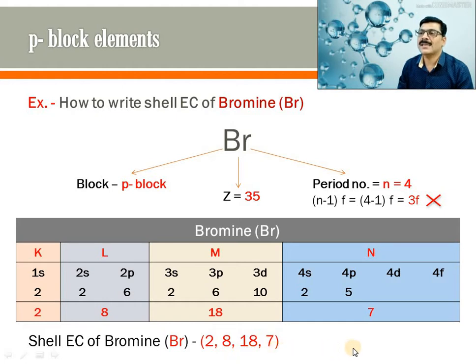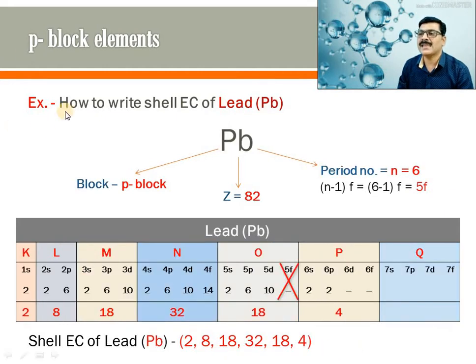Now then, the second example: how to write the shell electronic configuration of lead, that is Pb. Lead is a p block element and it is present in the carbon family, and the atomic number of lead is 82.